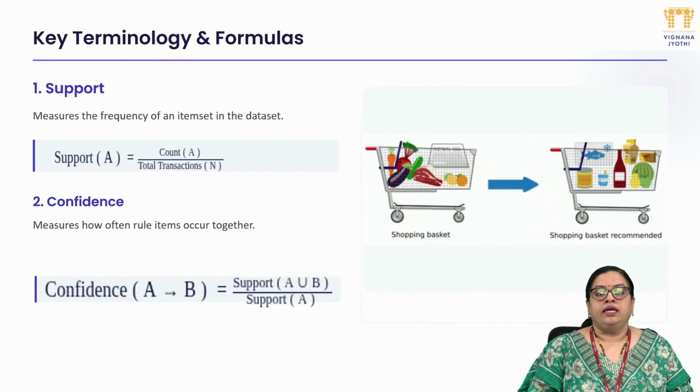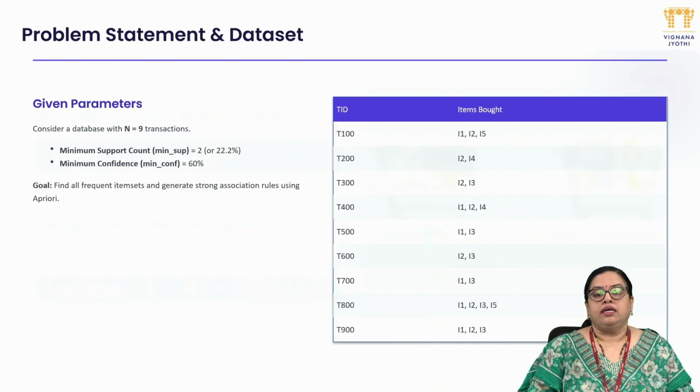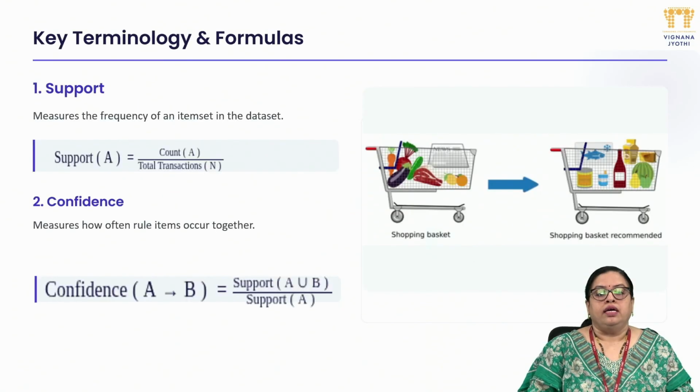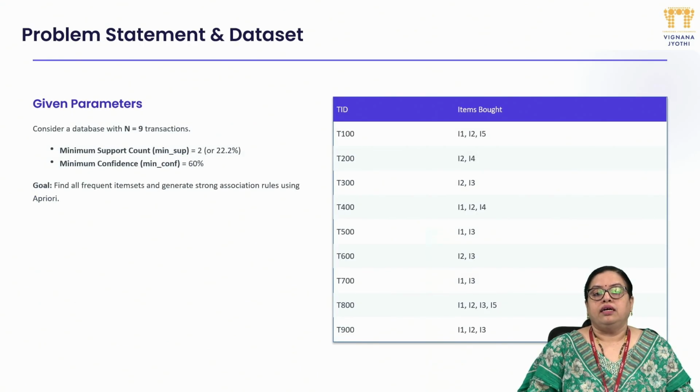So how do we calculate the support? According to the formula, support A means an item; suppose we take the item I1. Support I1 equals count of I1 divided by total transactions. How many transactions are there? T100 is 1, T200 is another: 1, 2, 3, 4, 5, 6, 7, 8, 9.